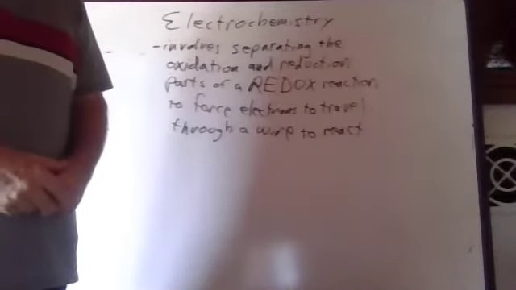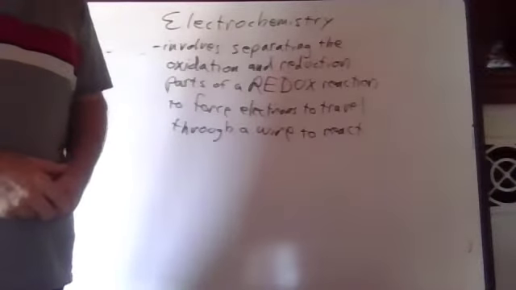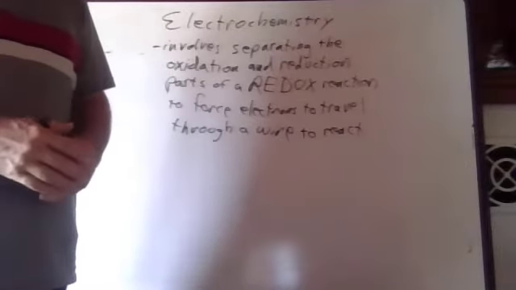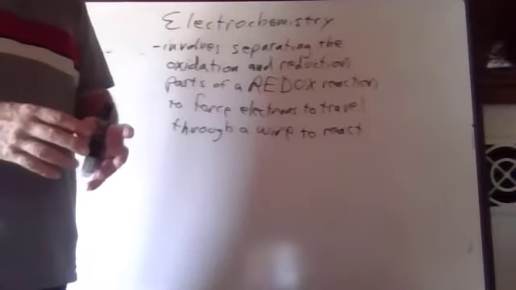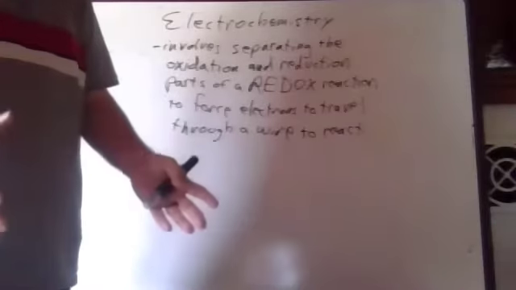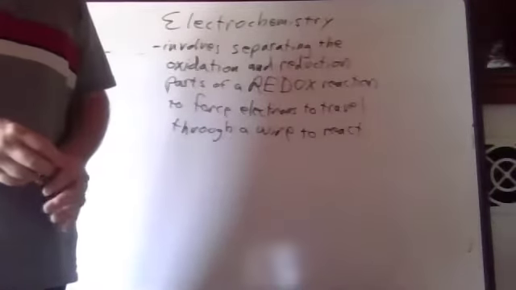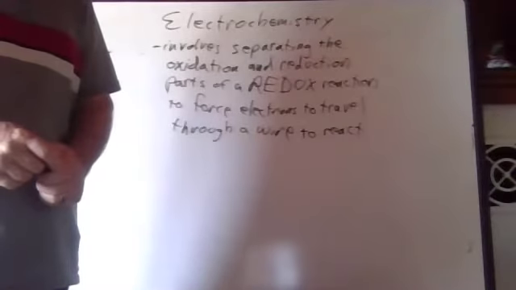And the only way to do that is to physically separate the oxidation part of the reaction from the reduction part. Usually that's done by completely separating solutions that would normally be mixed together into separate containers and connecting those containers with a wire. Those separate containers you would call half cells.